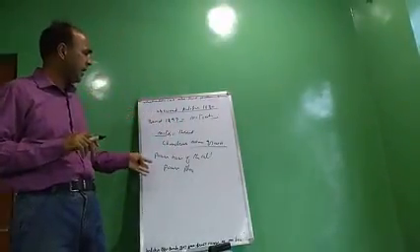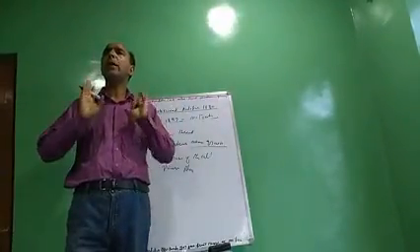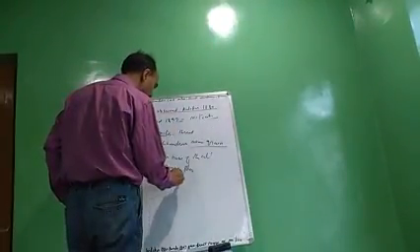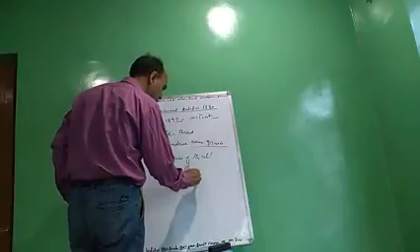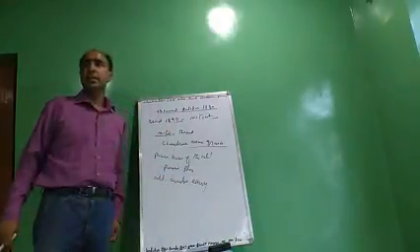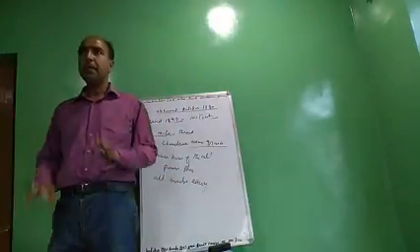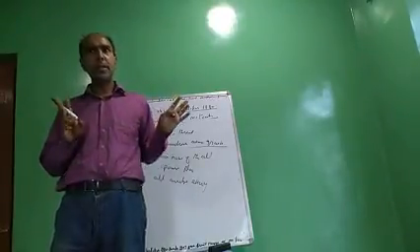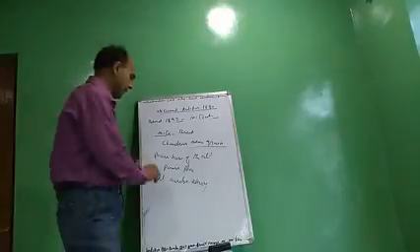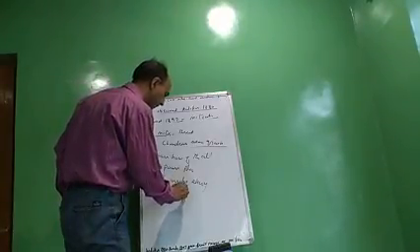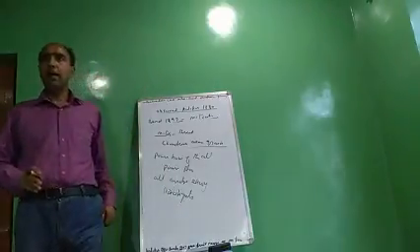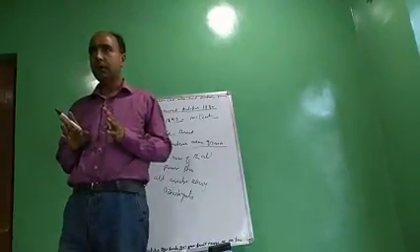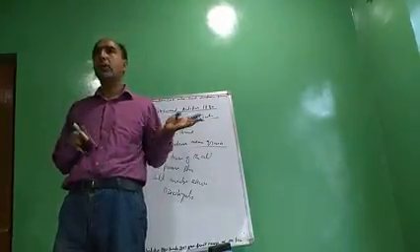Mitochondria are found in all aerobic eukaryotic cells. They are absent in prokaryotes, anaerobic eukaryotes, and also mature RBCs.